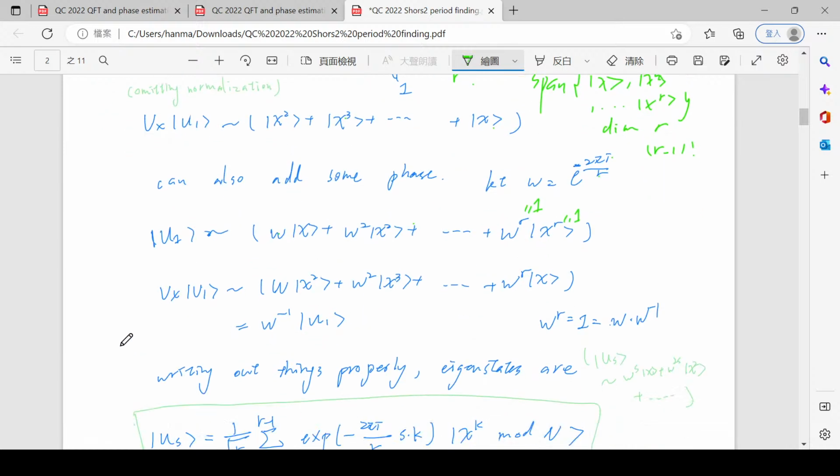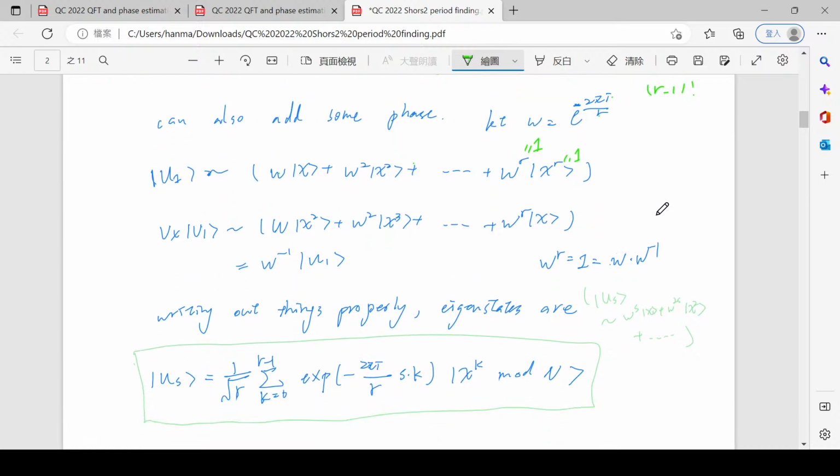But anyway, what happens when we apply U_x on this u1 state? We still have x plus x squared up to x to the r, but everything is multiplied by some power of omega.